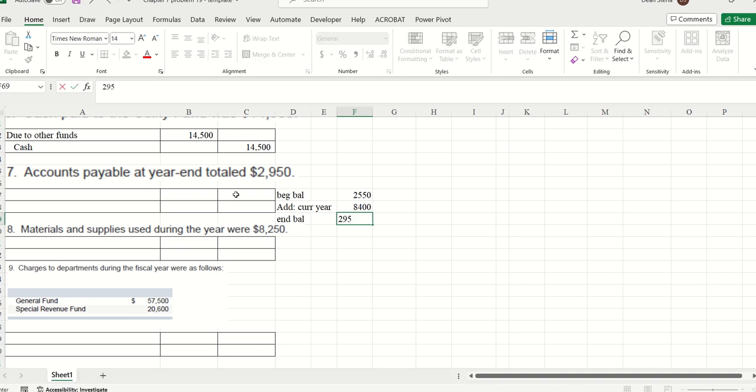So we're going to deduct the ending balance. So now if we total those, we're going to get beginning balance plus the current year activity minus our ending balance, and that gives us the adjusting entry of $8,000.